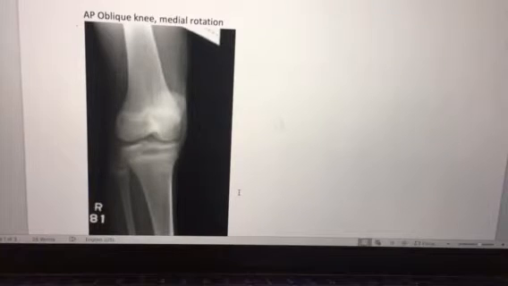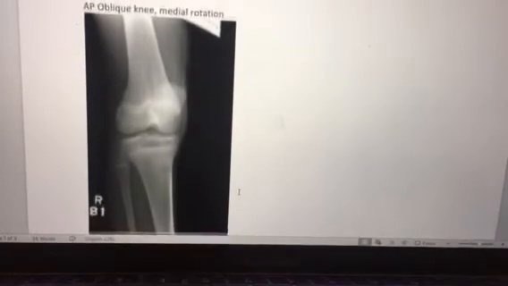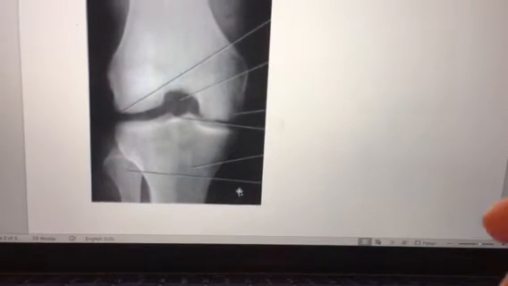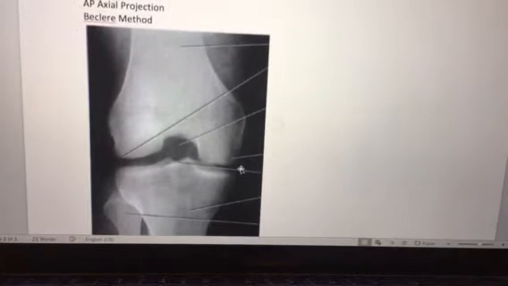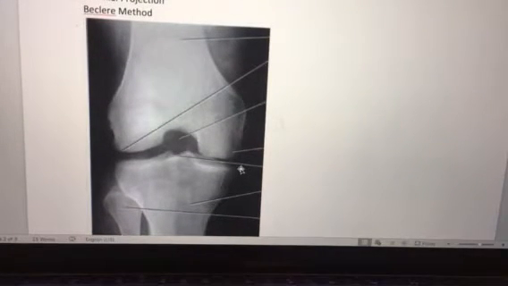So then my next projection is going to be the Béclère, and for this one, you would want your central ray to be perpendicular to the long axis of the lower leg, and it's going to enter the knee joint 1/2 inch below the patellar apex.